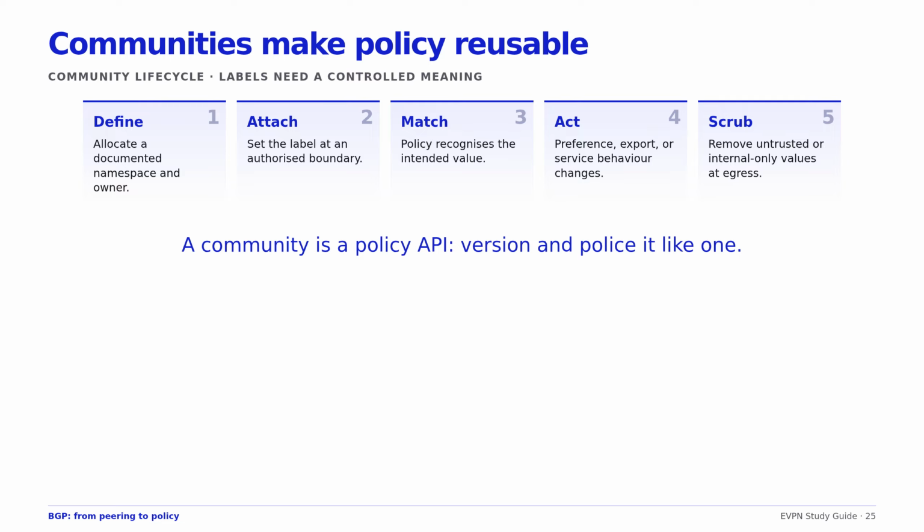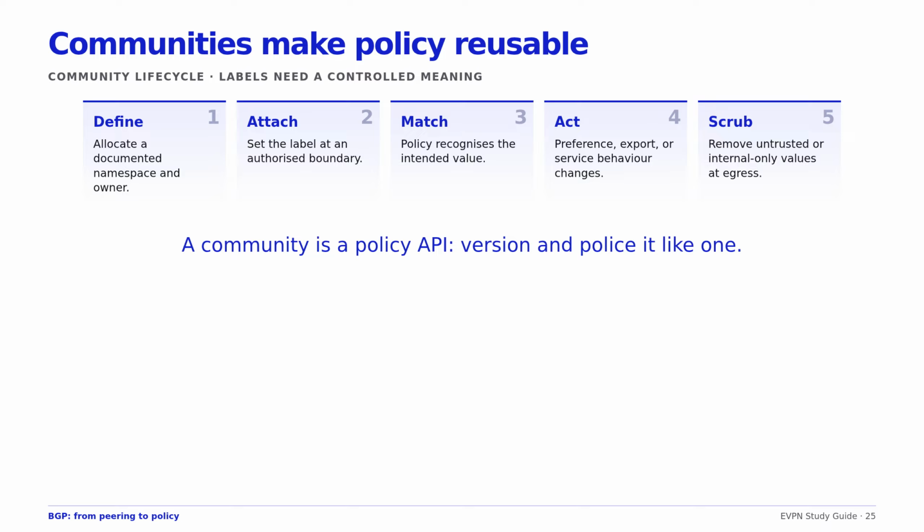A BGP community is a label attached to a route so policy can act on intent without repeatedly matching raw prefixes or autonomous system paths. Standard communities include well-known values such as no-export. Extended communities add typed values and are fundamental to VPN route targets. Large communities provide three 4-octet fields and avoid ambiguity with 4-byte autonomous system numbers.